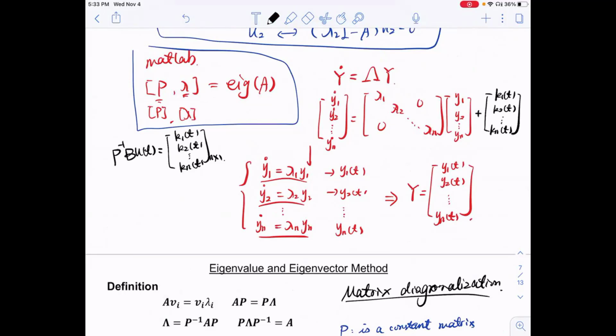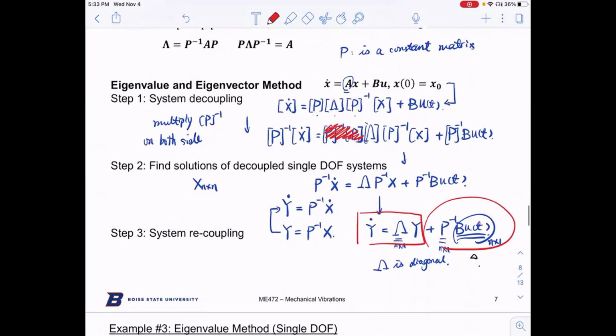In order to solve these free vibrations, you just need to solve forced vibration, right? The method is the same. We still get the same effect. All your equations, they are decoupled. Eventually, you can find your y solution. But this solution is in the y domain. Remember that your y is coupled with your x. How can we find x from y?